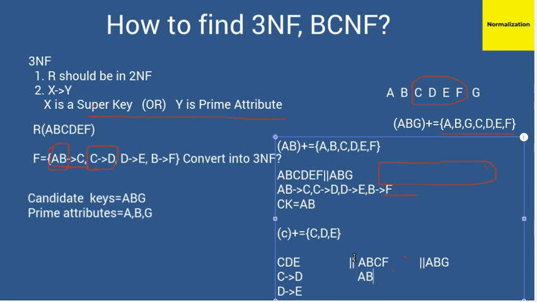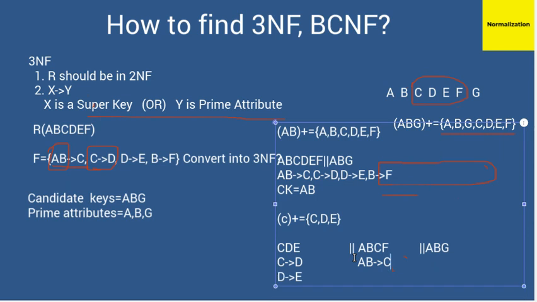It is AB gives rise to C and B gives rise to F. So what are the candidate keys in this table? Yeah, candidate keys in this table. It is very simple, because the candidate key is C, because with the help of C you are getting D, and with the help of D you are getting E. So there is only one candidate key, that is C.